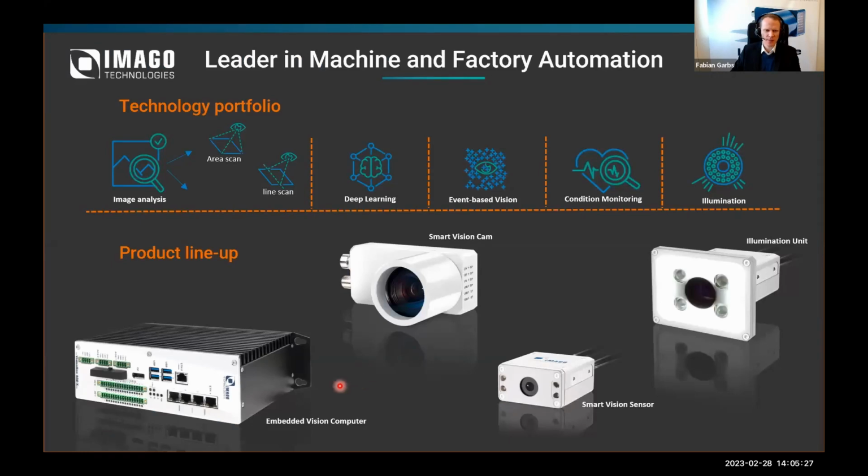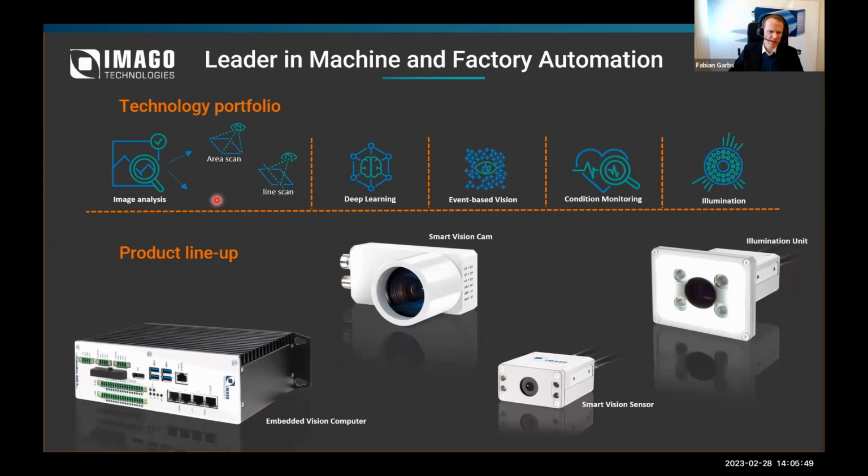So first of all, the lineup, what our company is doing, basically it's everything around machine vision components. We have image processing computers, but also smart cameras, which means complete systems including CPU power for image processing.